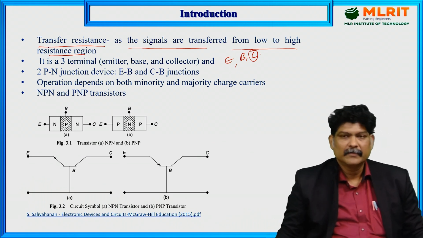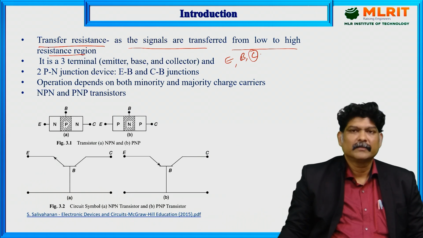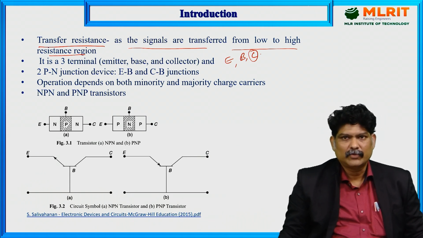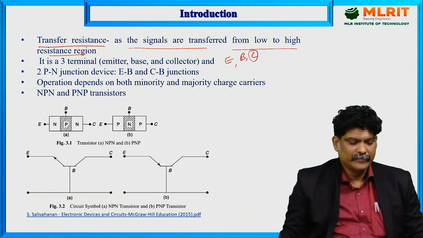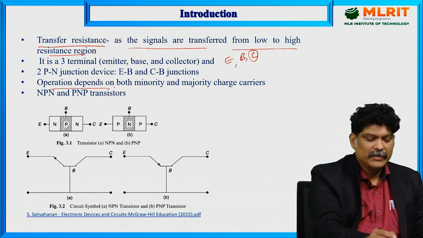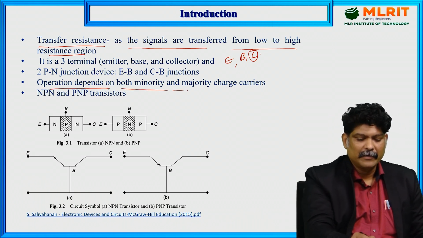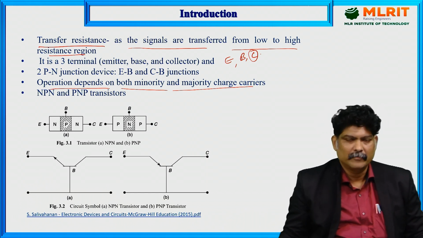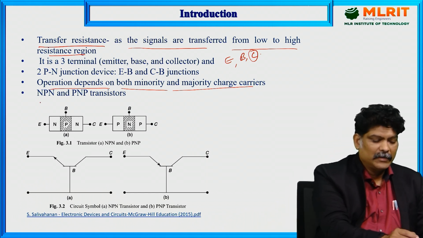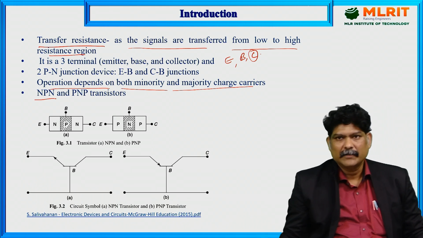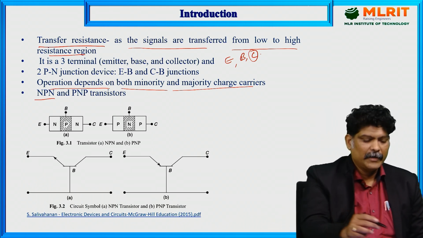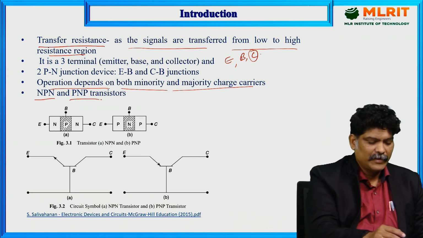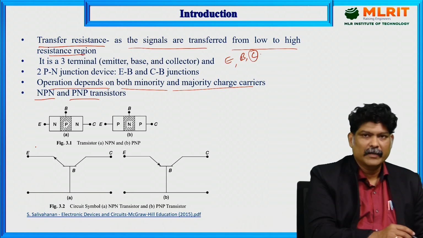The BJT has 2 different types of transistors. Operation depends on both majority and minority charge carriers, hence it is called bipolar, and the 2 transistors are NPN and PNP. Here you can observe the block diagram.